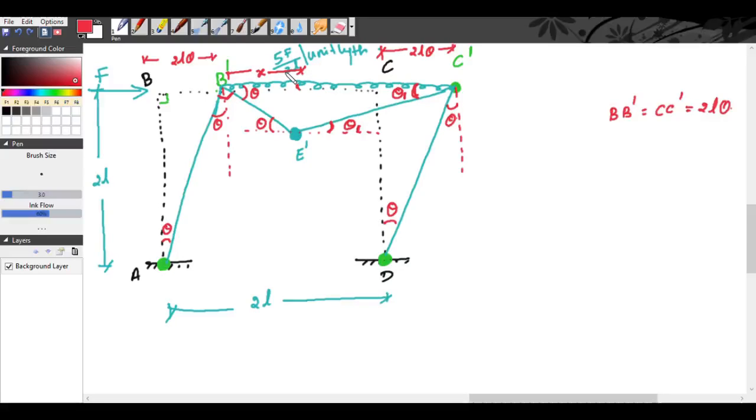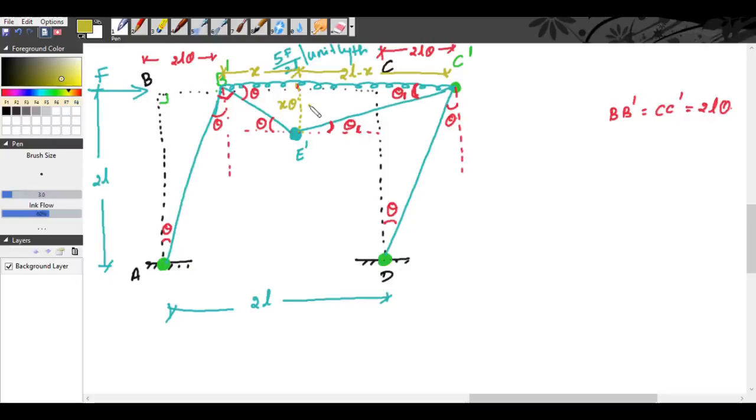We'll take it in another color. Let us take that our maximum bending moment is occurring at a distance of x from B. So this distance, under the point where the maximum bending moment occurs, is x theta. This is also equal to, if this is x, this distance is 2L minus x, right?